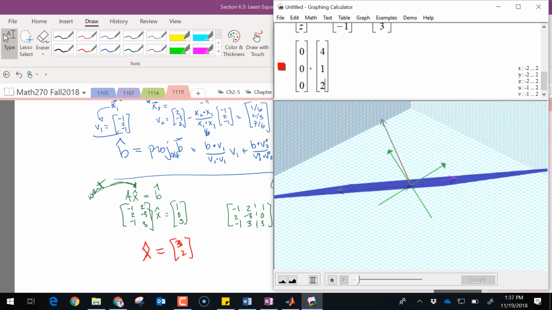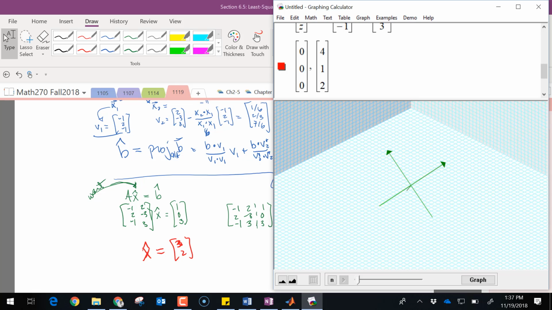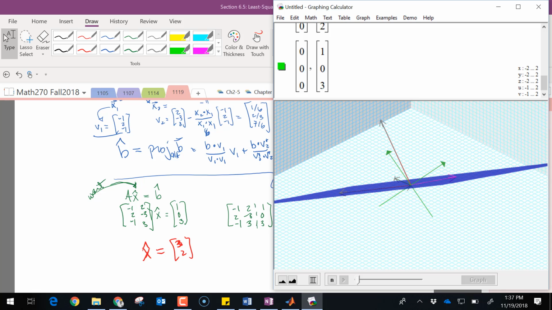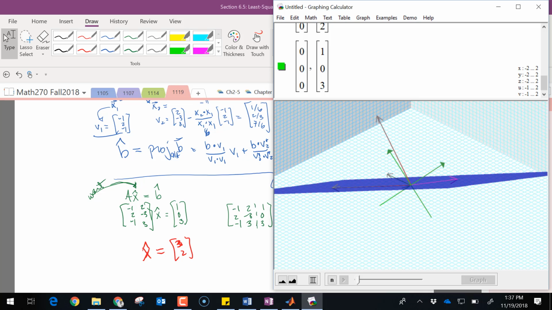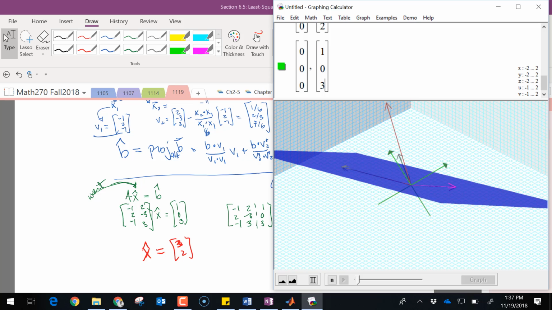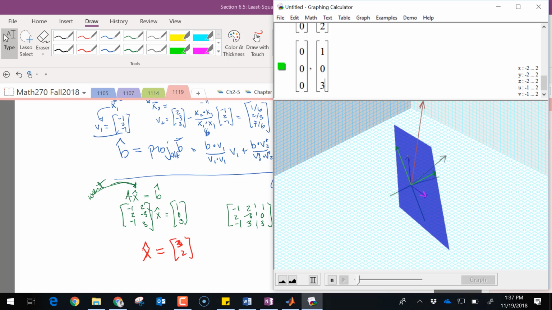Now, we did a projection, and we got a new vector, 1, 0, 3. So now that vector is on the plane. Let's make the plane grow a little bit more.